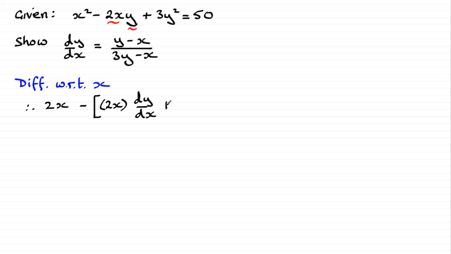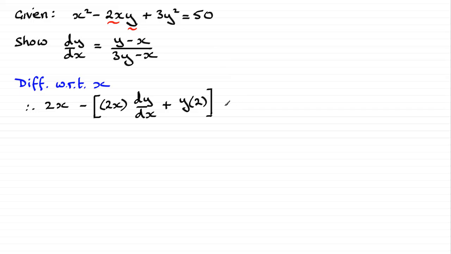Then, plus, I take my second part, y, and multiply it by the differential of the 2x with respect to x, which is simply 2. That's the product rule for this term.